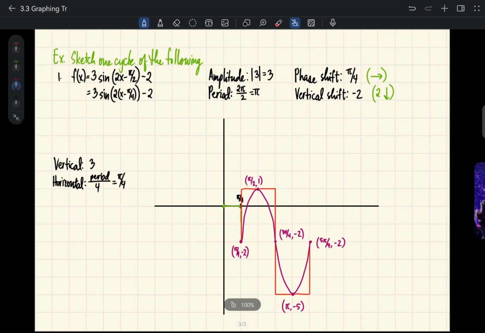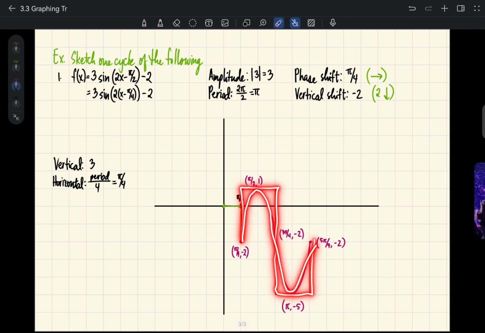And here we have the graph of f of x equals 3 sine of 2x minus pi over 2, minus 2. So basically, what we just need to do is determine your phase shift and vertical shift to find the initial point, then determine the vertical and horizontal movement, and follow our framework right here and draw a curve inside that one. Okay?